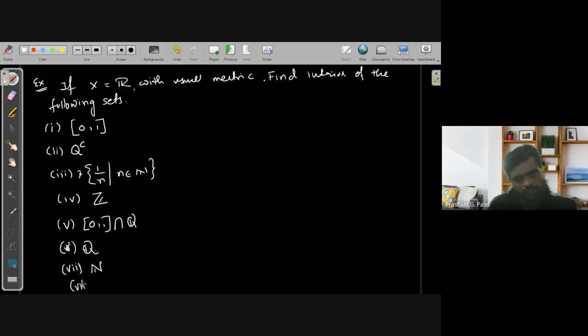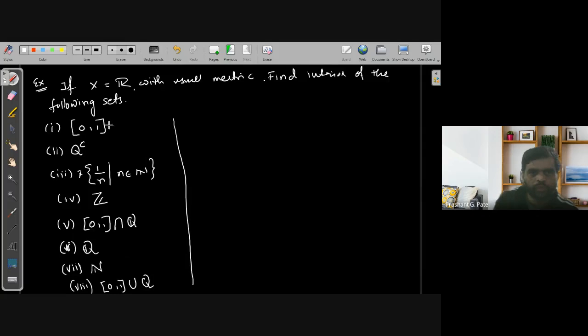Eighth, closed interval 0, 1 union Q. So now let me discuss the first problem. What will be the interior of the closed interval 0, 1?